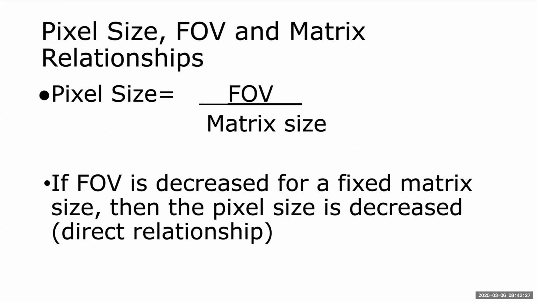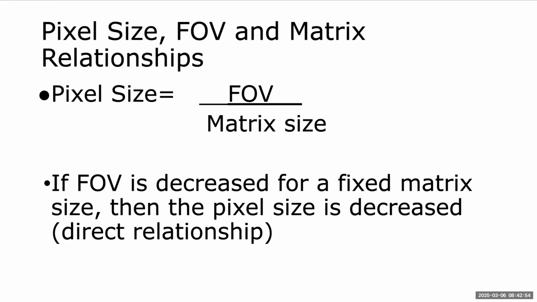So if we look at that relationship and see what happens to pixel size if the field of view is decreased. So if we go from using a larger size IR down to a smaller size IR for a fixed matrix size, so we're just changing the size of the IR, not the size of the matrix, then the pixel size has to get smaller.